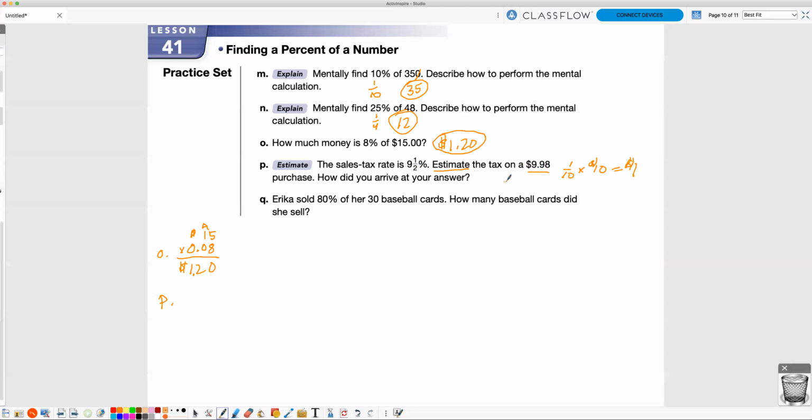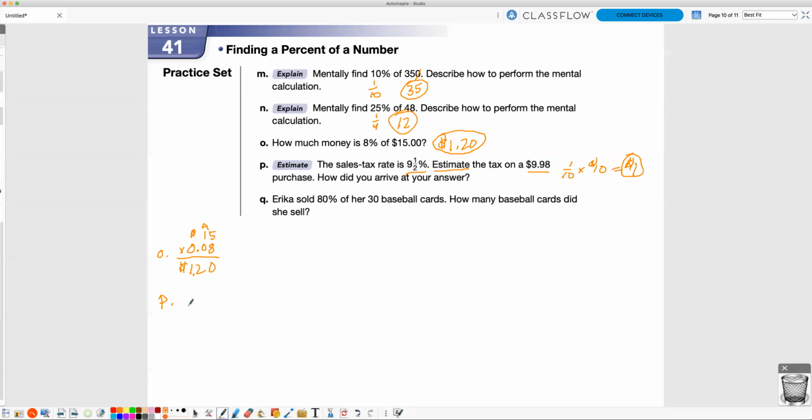So the sales tax would be approximately $1, and that's what it's asking. Estimate the tax, so I would estimate the tax to be $1 because I'm rounding those before I actually multiply them. When you're estimating, you want to make your work easier. You don't want to make it harder by actually doing $9.98 times 9.5%, which is the same as 0.095. You'd end up with too much work there. You have to round this. I'm going to go to the nearest 10% there and the nearest 10 there.